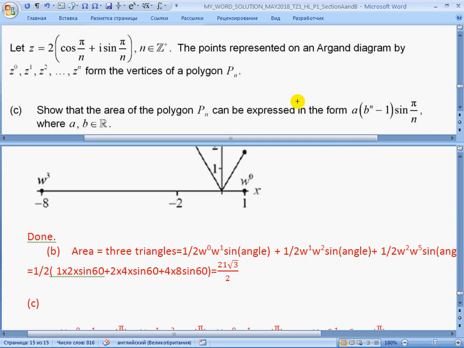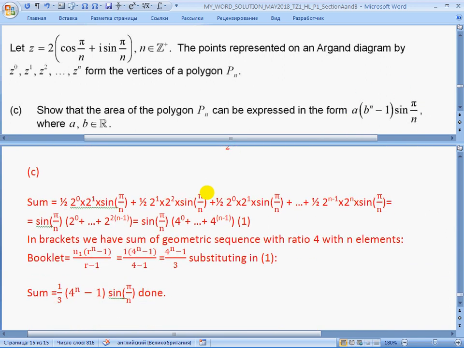Let Z be, this time, pi over n, and we have the vertices 0, Z to 0, Z to 1. The polygon's area can be expressed in this form. So again, it is a sum of triangles, and we take sine pi over n out of brackets.